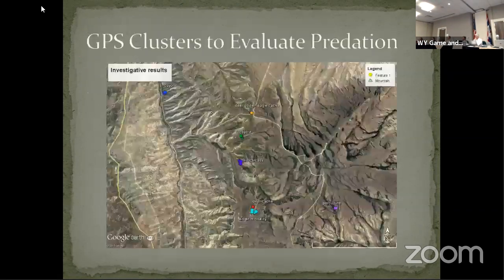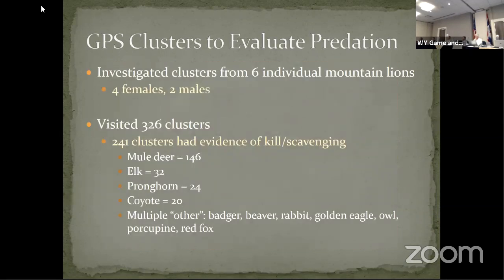We're using GPS clusters in the Green River region to evaluate predation there as well. I talked about this last year. I've got a little more information. What's interesting, it's a small sample size, but there's not a high density of mountain lions. We're doing our cluster analysis a little differently.